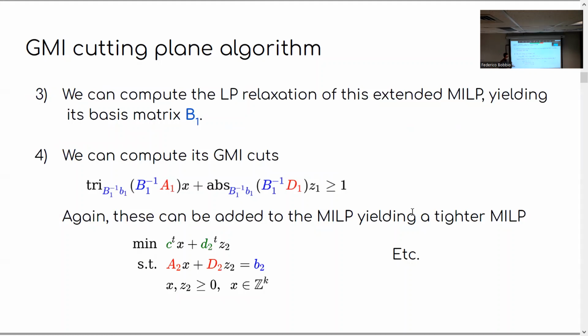So you could solve the LP relaxation again. You get a new basis matrix, call it maybe B1, and you can recalculate new GMI cuts with this extended MILP, and you can add them again, and you get a new MILP that's even bigger, etc. So you can do this iteratively, and you stop when you are tired, basically, when you don't want to do this anymore.